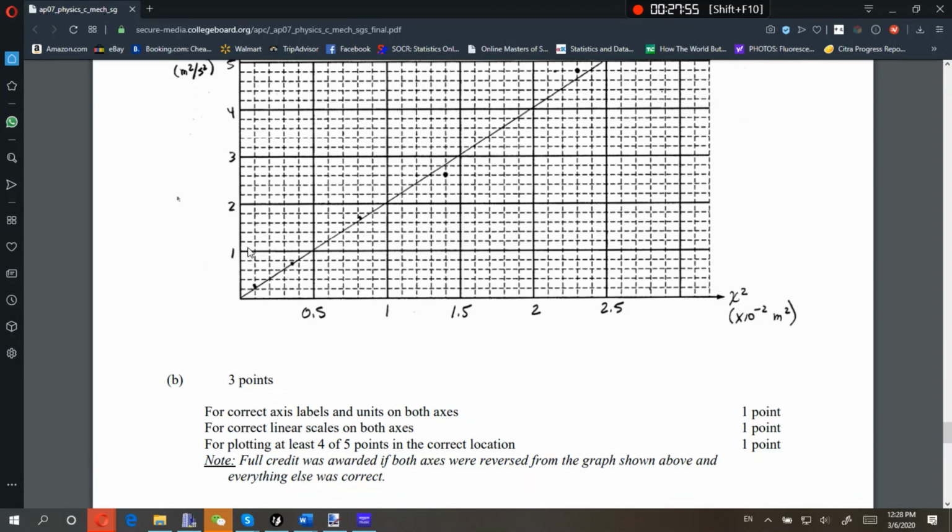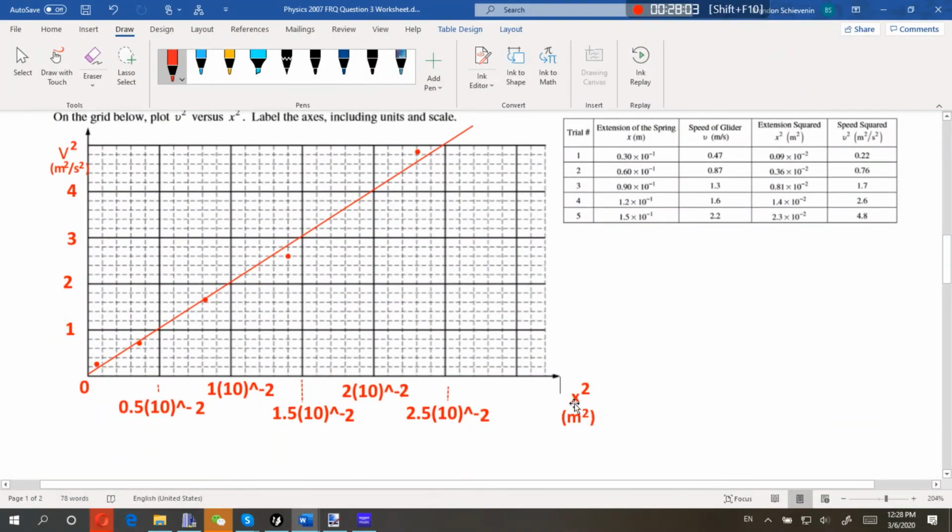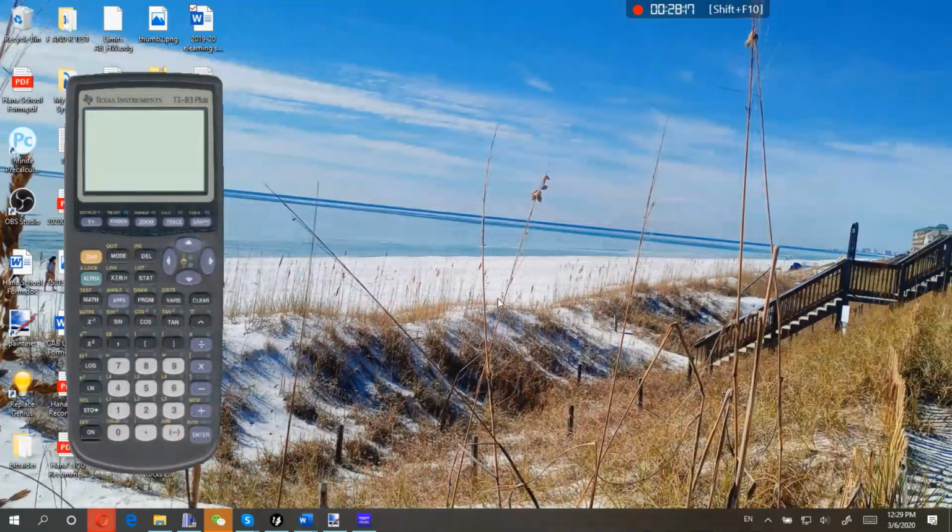So we would have gotten 2 out of 3 points, I think, for this, because I didn't put the times 10 to the negative 2 before my meters squared. Does it matter? Oh, I did write the 10 to the negative 2 for all of these. Okay, we're fine. So I should get 3 points there.